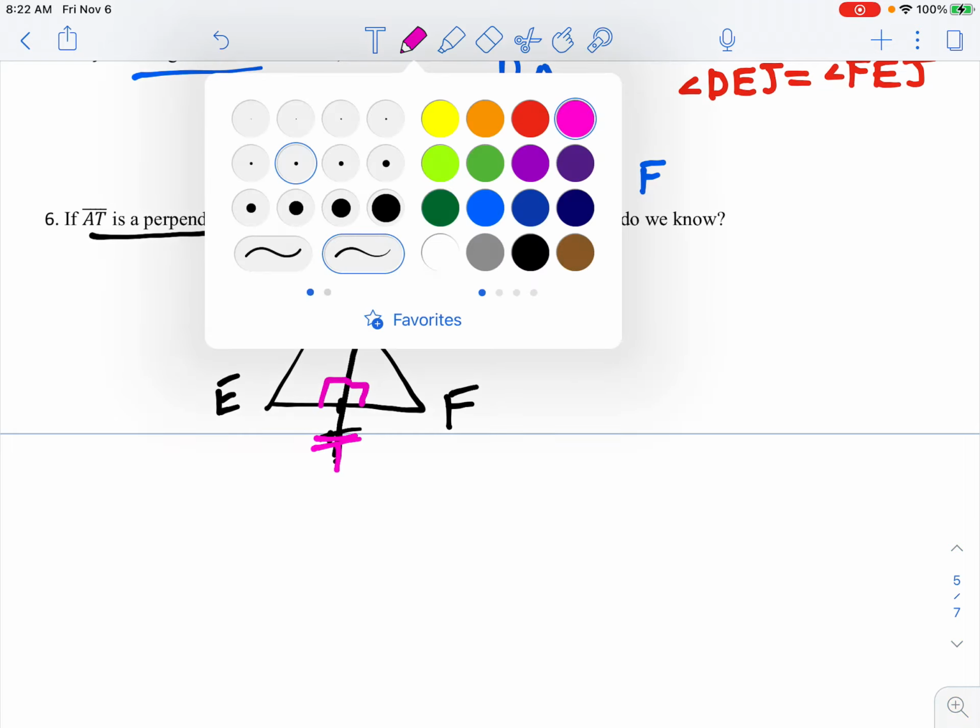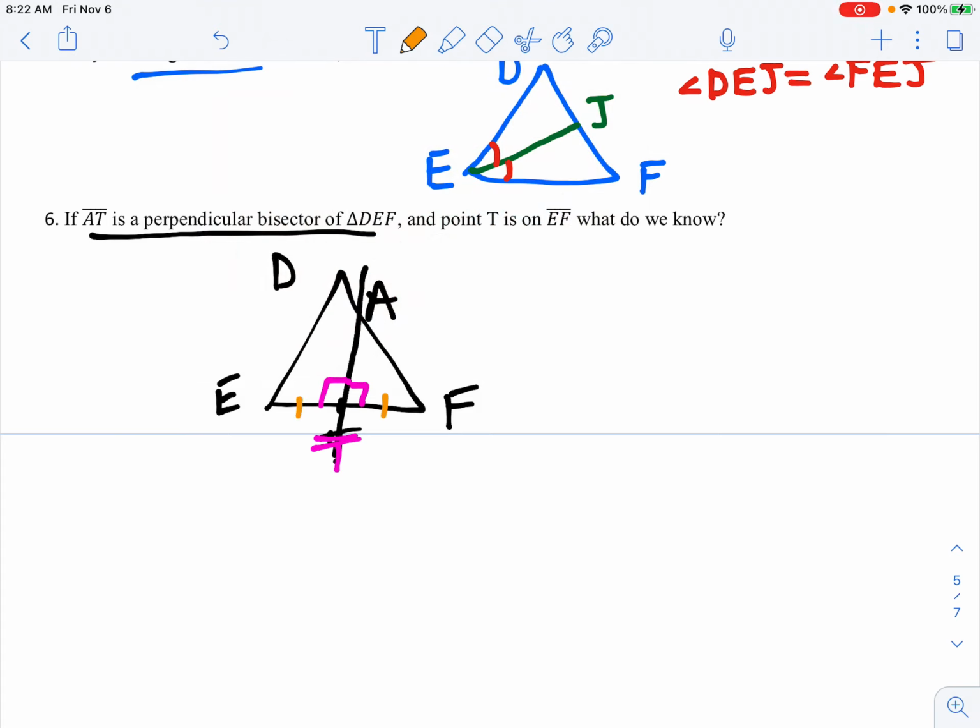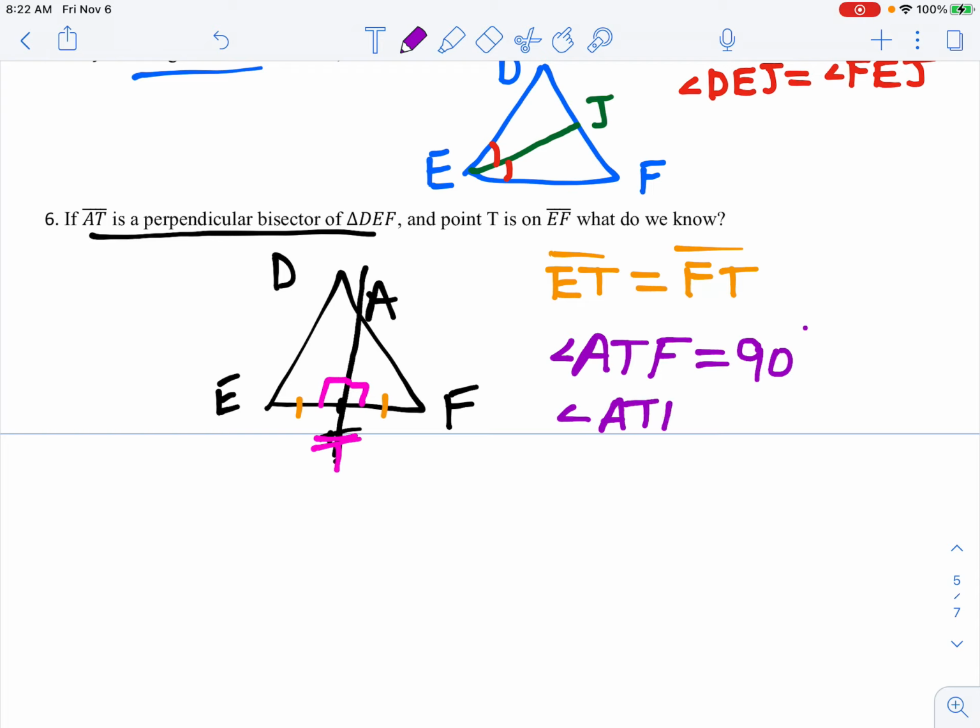Remember, it'll form 90-degree angles, and it splits it into two equal parts, so there's some info that we know here. We know that segment ET has to be equal to FT, because perpendicular bisector hits at the midpoint and splits it into two equal parts of a line. You'll also notice that it formed 90-degree angles, so technically angle ATF should equal 90 degrees, and angle ATE should equal 90 degrees.